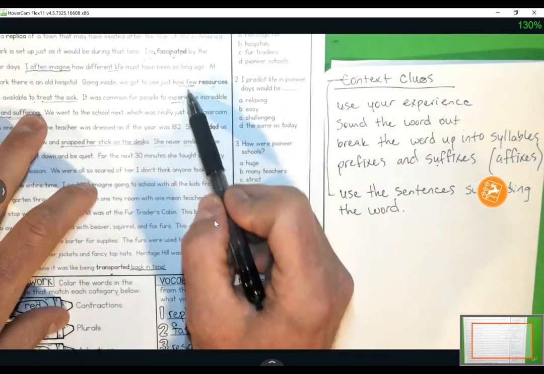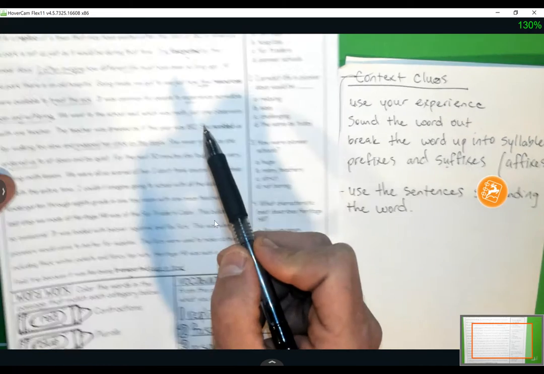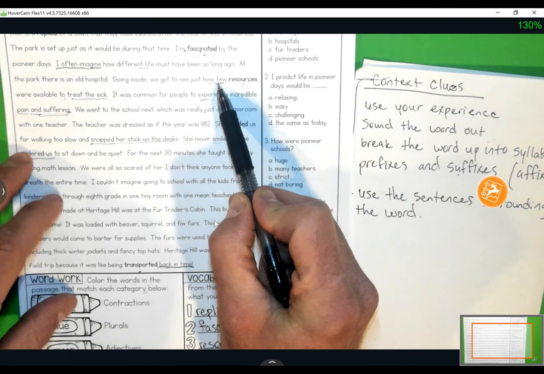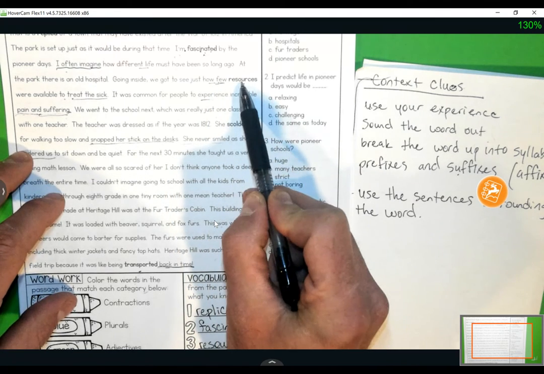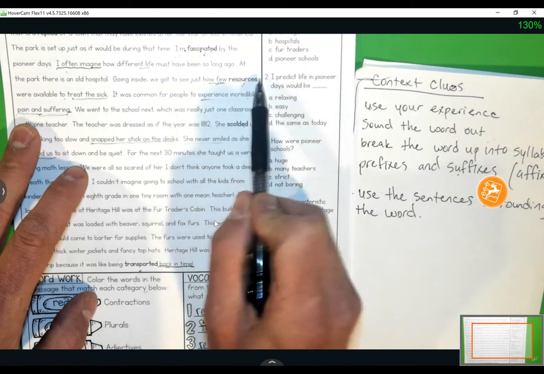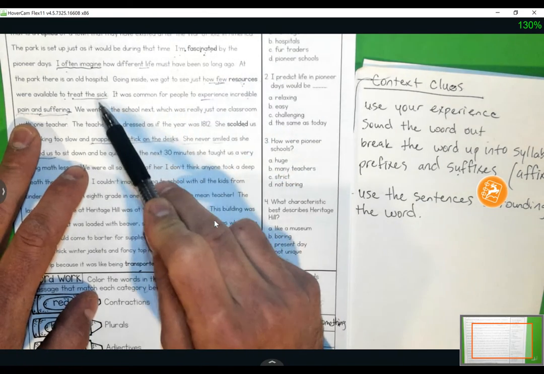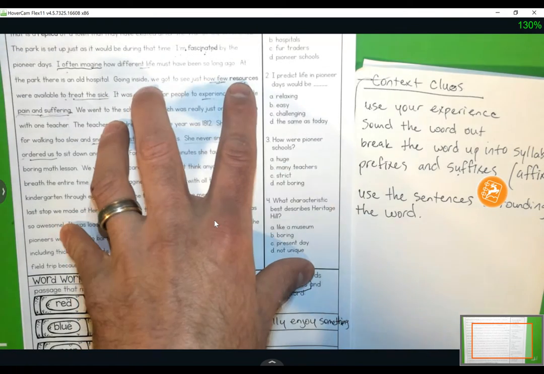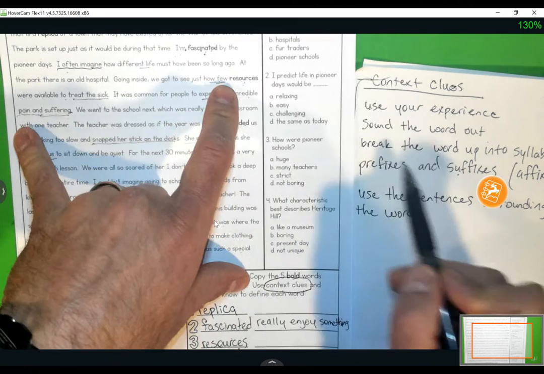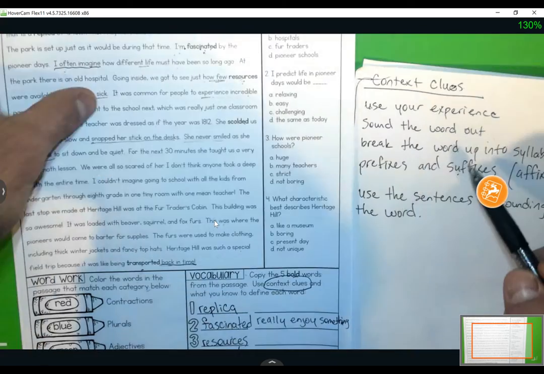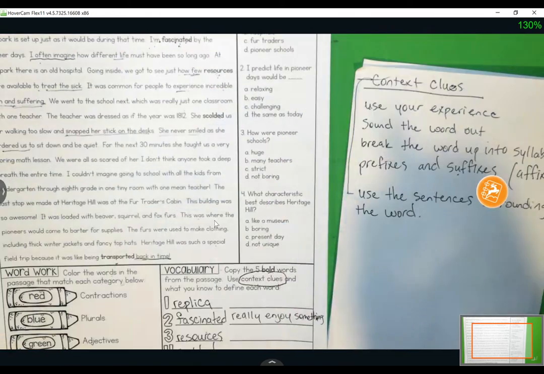And so if we're looking at this word in terms of the sentence it's in, we got few resources. We have few places that we can go to treat the sick, or few things to use to treat the sick. So I've come up with a definition just by breaking the word up into syllables and looking at its prefixes and suffixes. Re and sources.